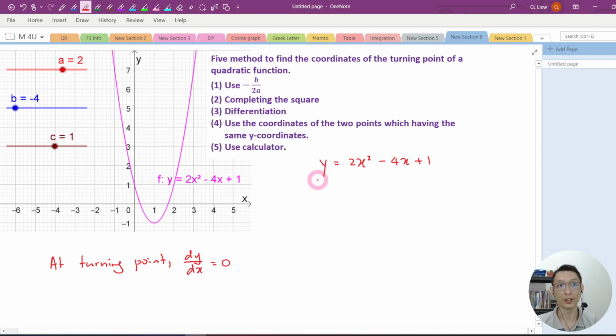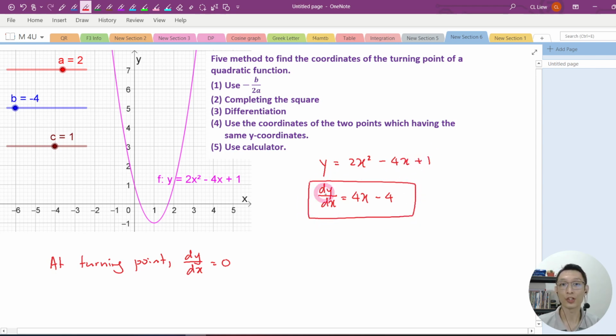Let's find the first derivative, dy by dx. 2 bring down, multiply with the coefficient in front of x squared. So 2 times 2 you get 4. x is just copied, power always needs to minus 1. It becomes power 1, you don't have to write 1. Differentiate this one, you will get negative 4. Differentiate a constant, you get 0.